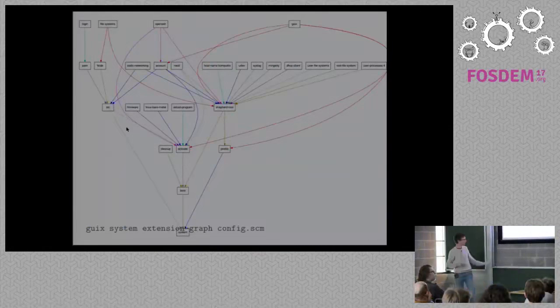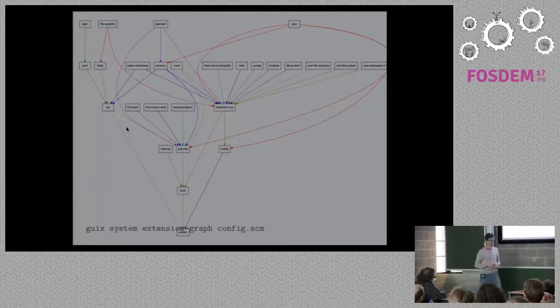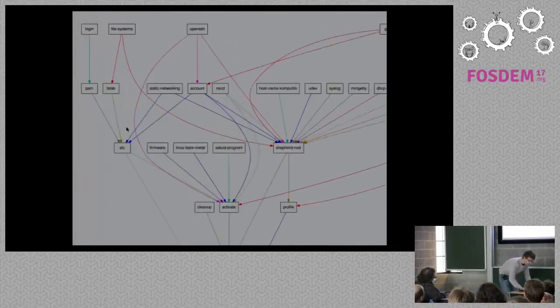Once we have that, we can use the guix system extension-graph command, and we can visualize how the system services are composed, which is, I think, pretty unique to GuixSD. Even for a simple system like I showed before, with essentially just the basic services plus SSHD, we get a graph that's already kind of big. But essentially, we find the same things as before.